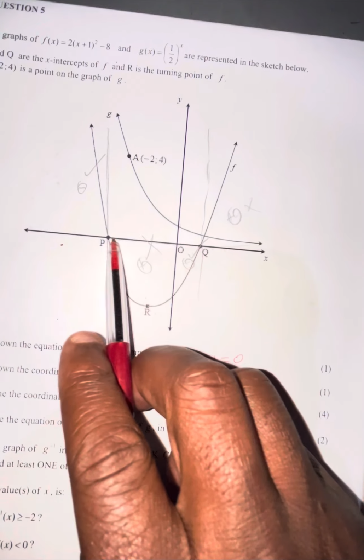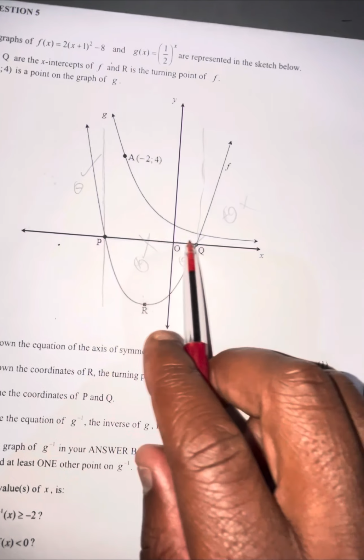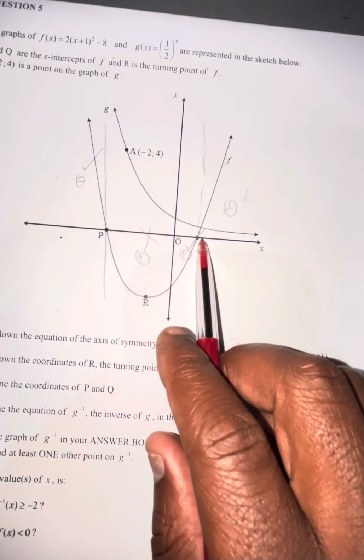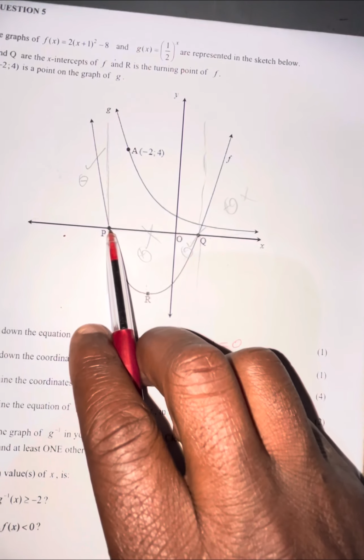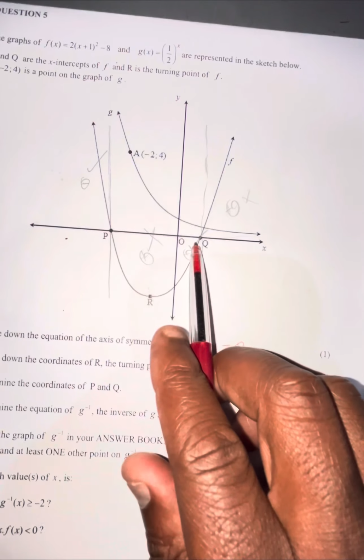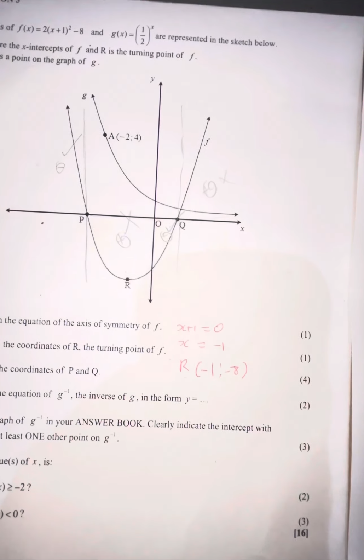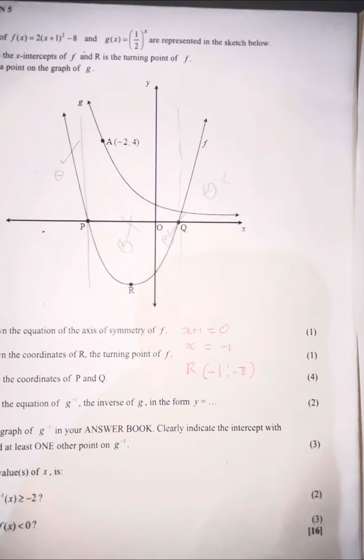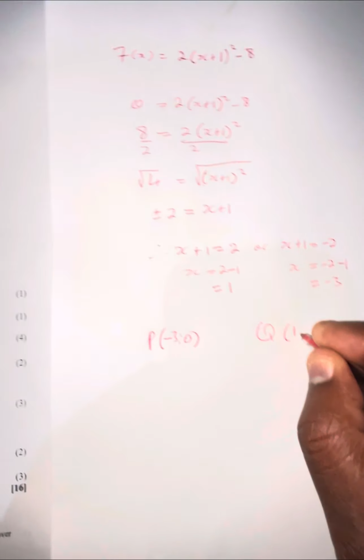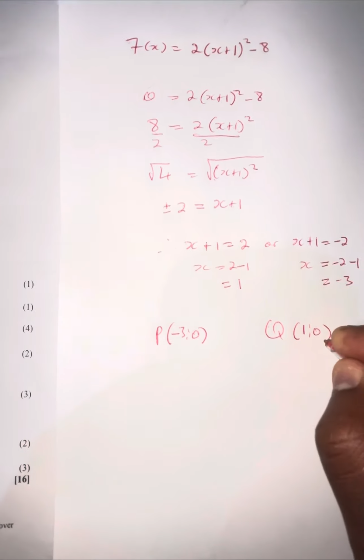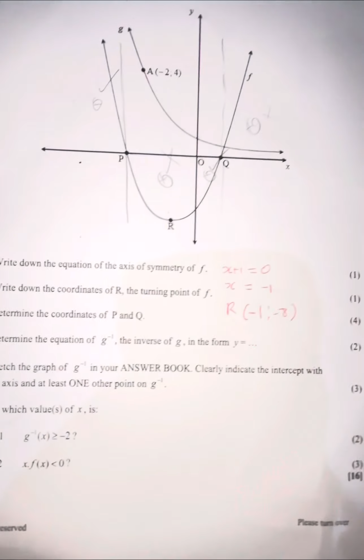Along the x-intercept, our values of y are zero for this point and this point. So the coordinates of Q will be (1, 0) as well.